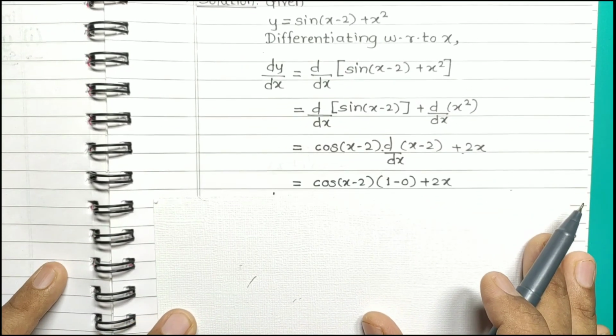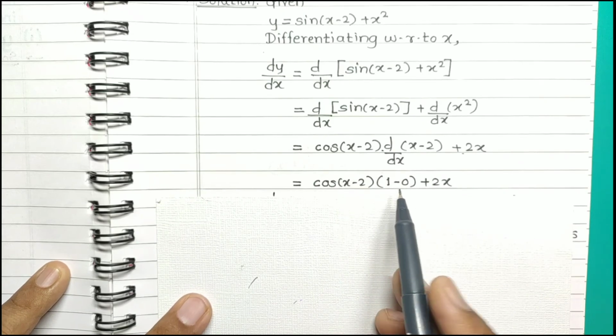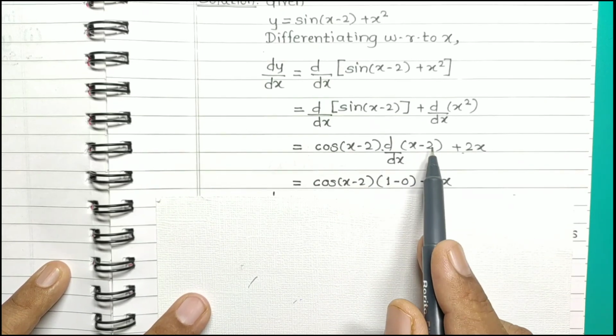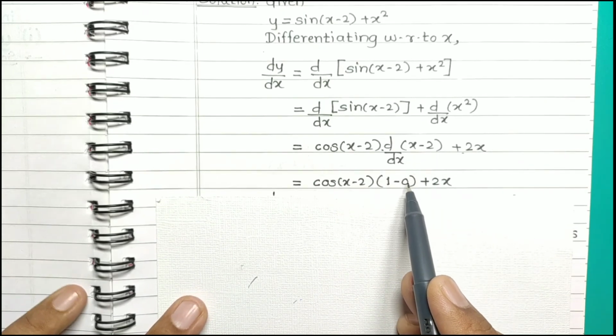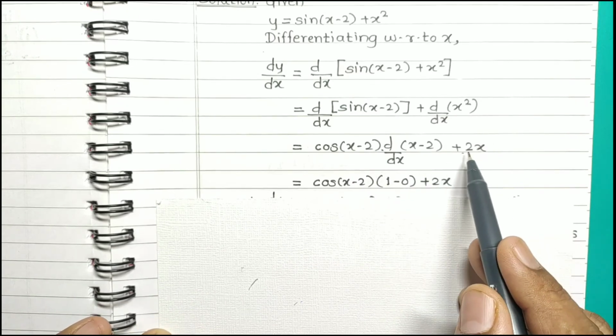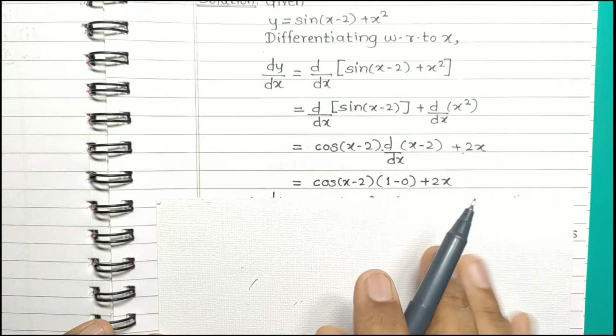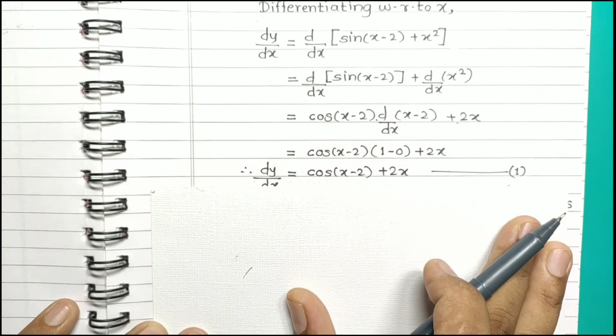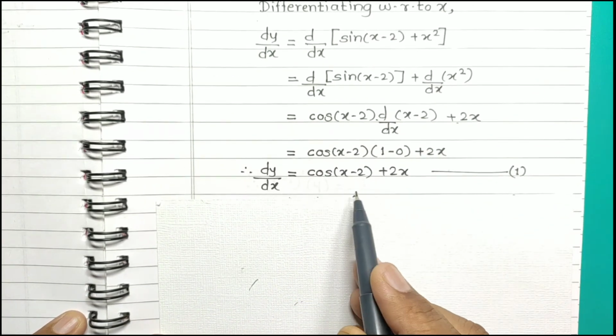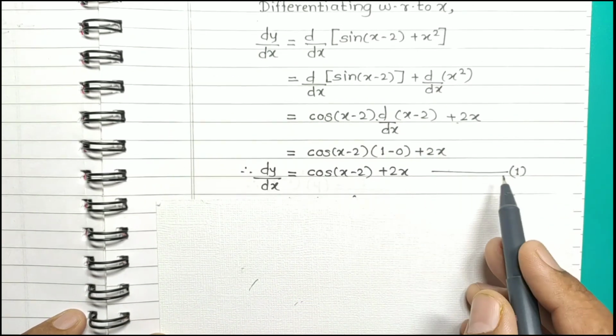So we have cos(x − 2) as it is, the derivative of x is 1, minus 2 is a constant so its derivative is 0, and 2x as it is. So dy by dx is equal to cos(x − 2) + 2x, call it equation 1.